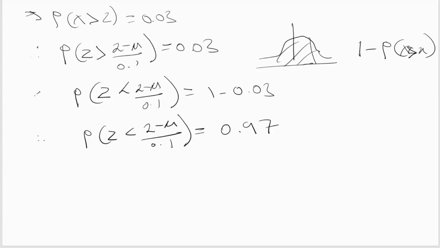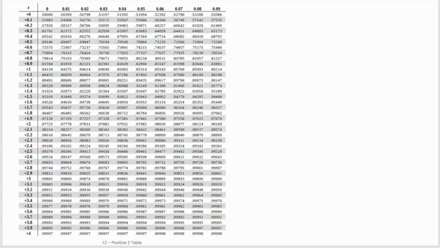So now we want to find what is the Z value for 0.97. What we can do now is take a look at the Z table, or the normal table. This is a positive Z table.